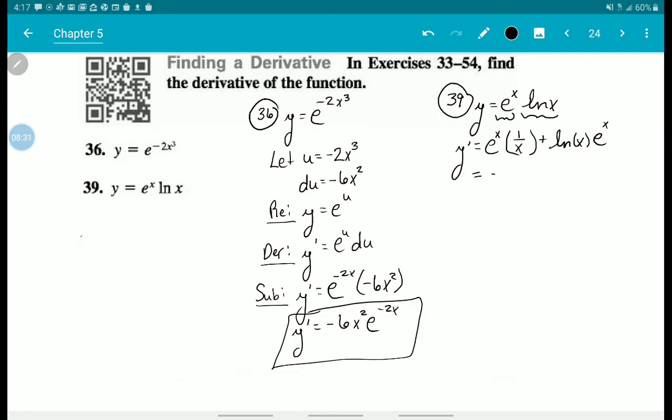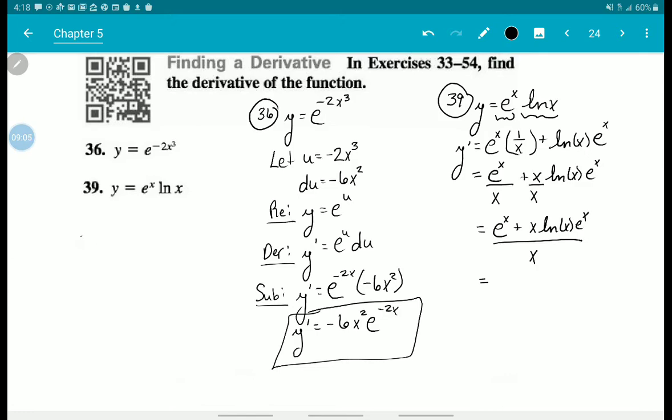So I would want to clean this up just a little bit. I'm going to rewrite this as e to the x over x plus ln of x times e to the x. Now if we wanted that common denominator, we can multiply the second one by x over x. So I'm going to do that. So then we would have e to the x plus x ln of x e to the x all over x.